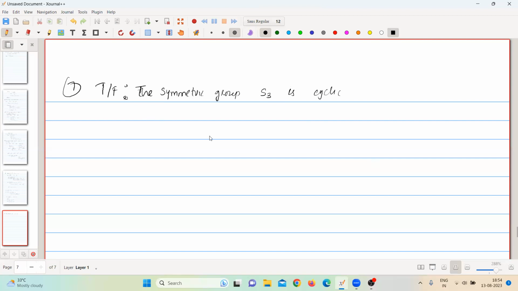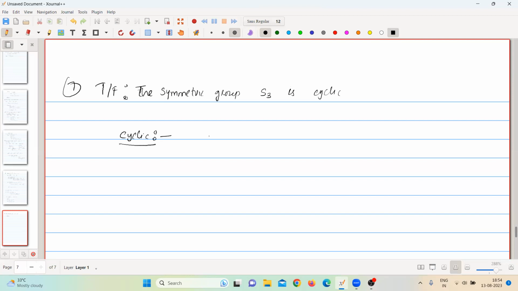Okay, let us see the definition of cyclic. Ma'am, every element generated by a single element to the power of an integer. Every element in the group is generated by a single element.